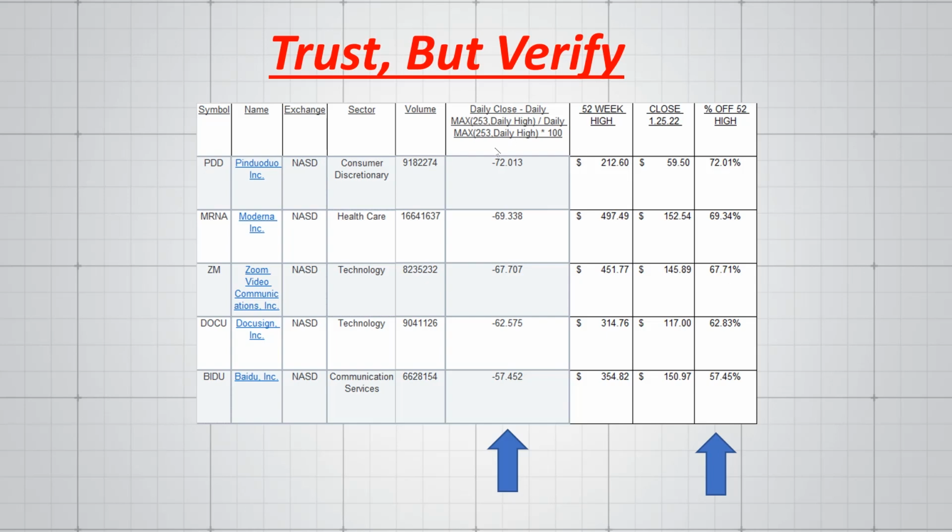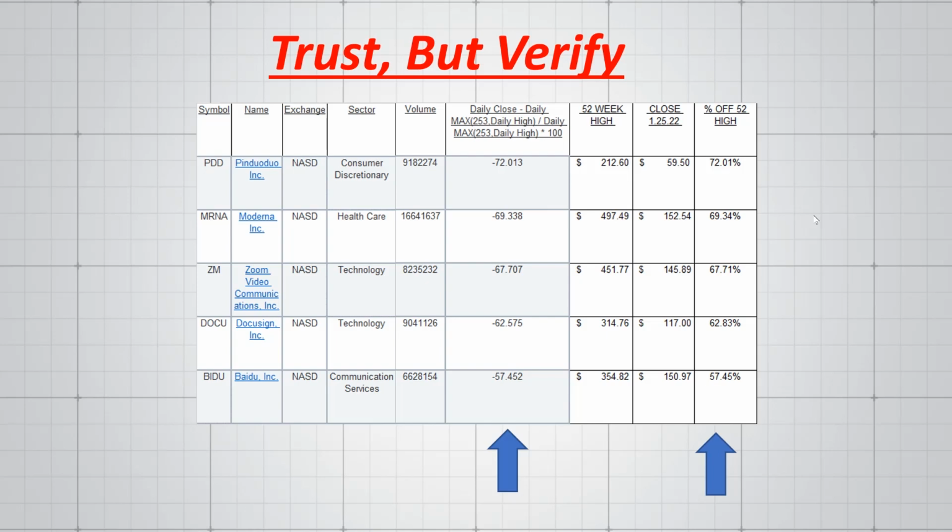So the middle column here is what the search engine calculated for us using a rank by command, and this is our own independent calculation, taking the 52-week high that we can observe and the current close, which we can pull right off the chart. 72, 72, 69, all line up. So take a look at that on your own, and you'll see that's a fantastic confirmation of what the search engine is doing for us.